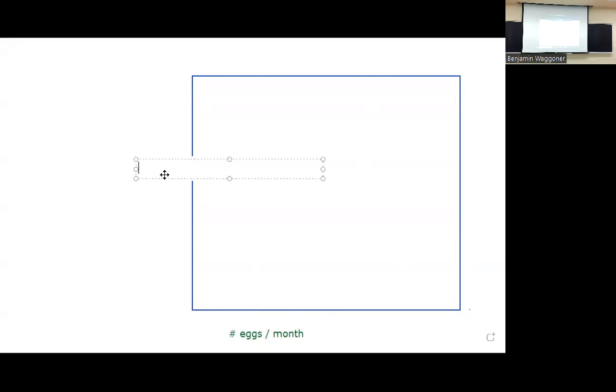And on the y-axis, we'll put number of chickens. All right, so we've got our flock. We've got lots of chickens. And for each chicken, we're measuring the number of eggs that they lay per month. And this is a trait, and it's got variance.